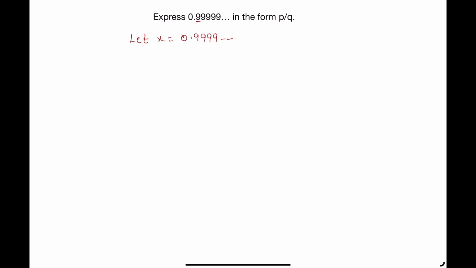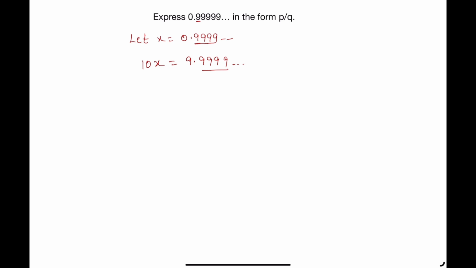Only one digit is repeating, so let's multiply both sides by 10. So it will become 10x equals 9.999 and so on.